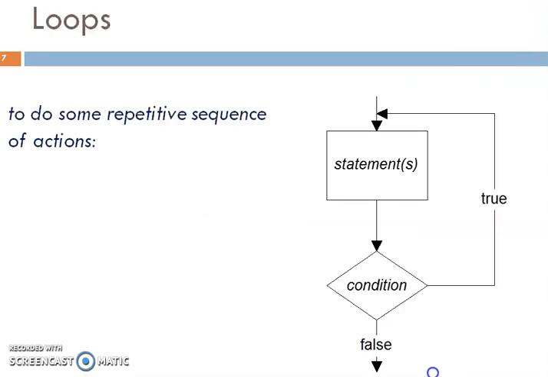And we can also make use of diamond blocks for representing loops. Loops are nothing but repetitive statements where a certain set of actions are repeated. Now here we have a set of statements that are to be executed repeatedly based on a condition. So that can be represented using the flowchart shown here.